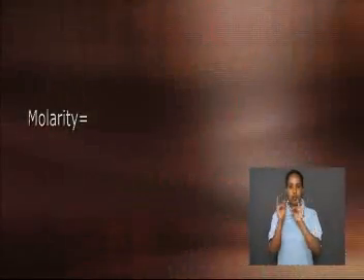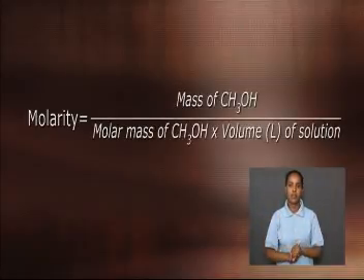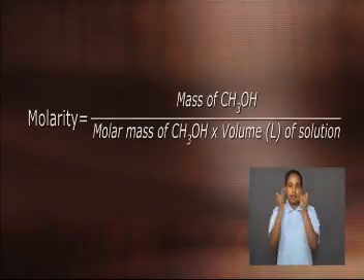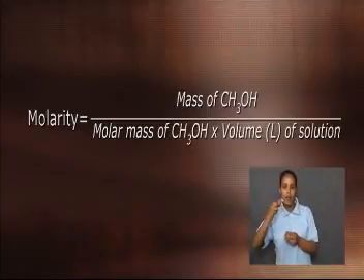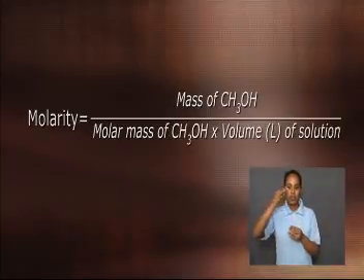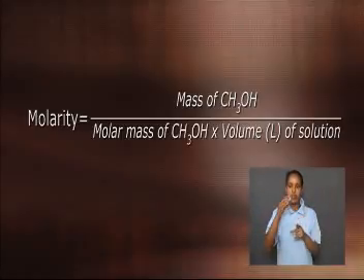We will now use this information to determine the molarity of the solution. In order to determine the molarity of the solution, we must divide the mass of the methanol by the molar mass of methanol multiplied by the volume of the solution.